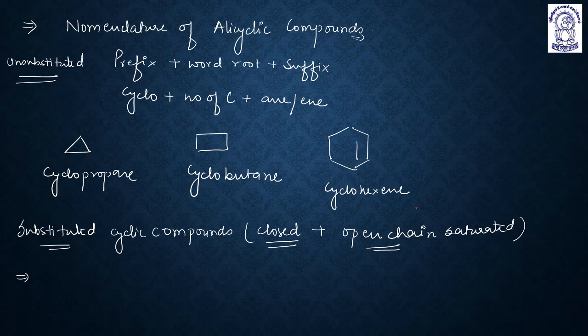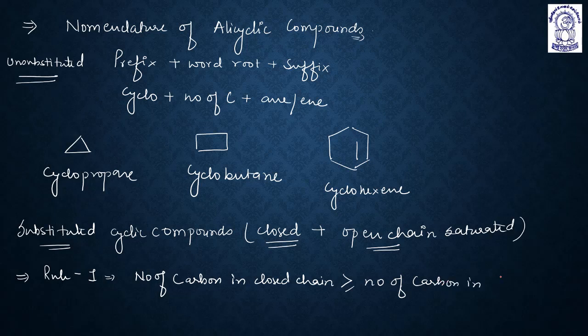Now in this case, the first rule is if the number of carbon in closed chain is greater than or equal to number of carbon in open saturated chain, then closed chain will be selected as the parent chain.